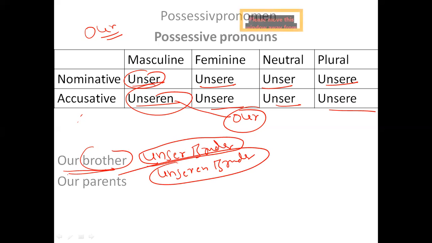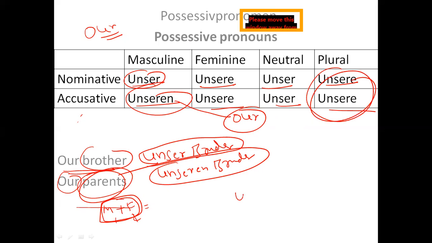If I say our parents, now parents is mother plus father, so plural, right? One plus one, so plural. Hence, it would be unsere Eltern, unsere Eltern, right?